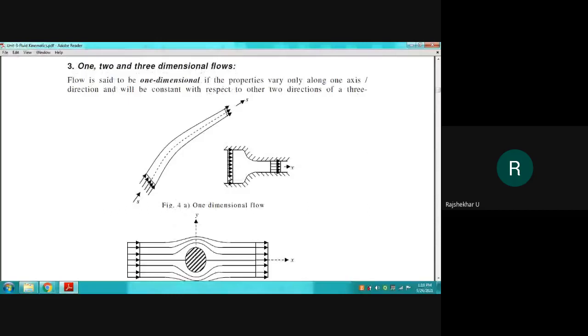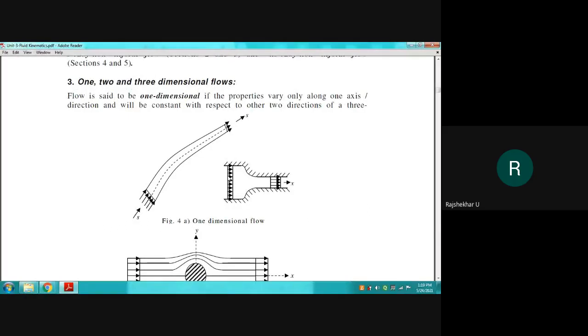Can anybody tell what is one-dimensional flow? We know one-dimensional means only x direction, two-dimensional means x and y directions, three-dimensional means x, y, z. All three will be involved. Now, can anybody try to define one-dimensional flow in your own words? Maybe right or wrong, just try to define.